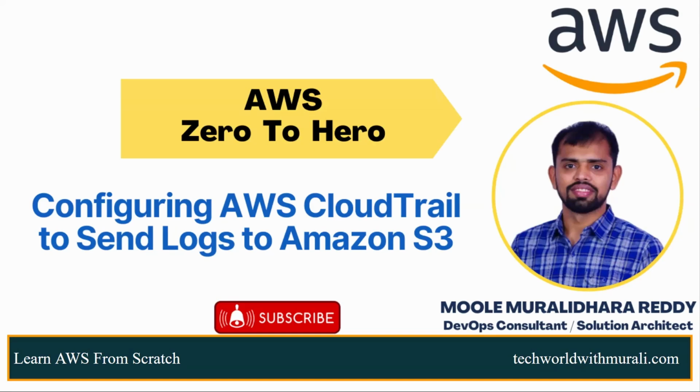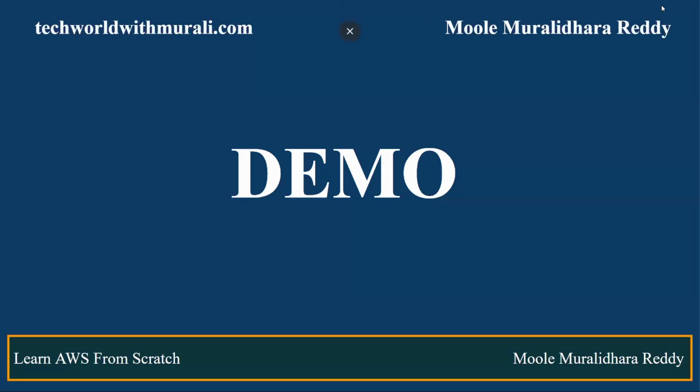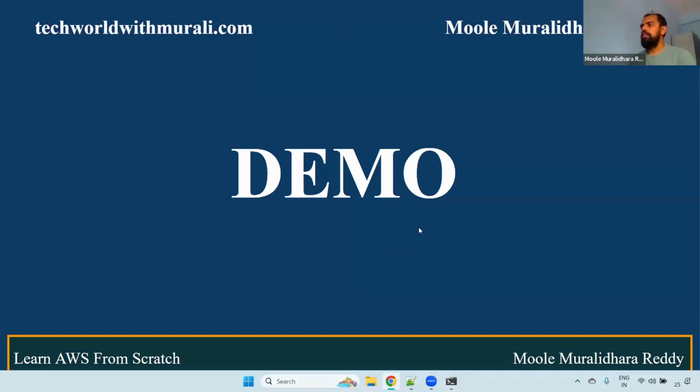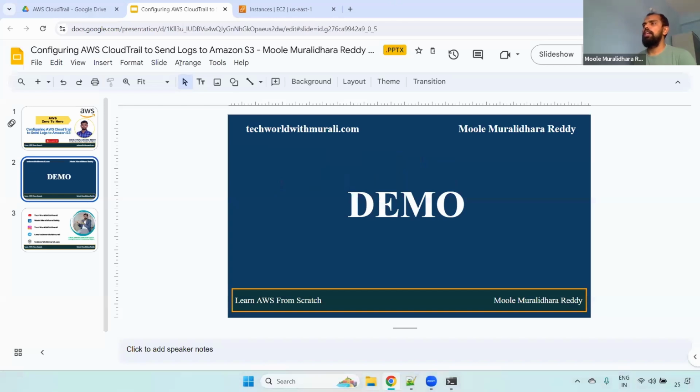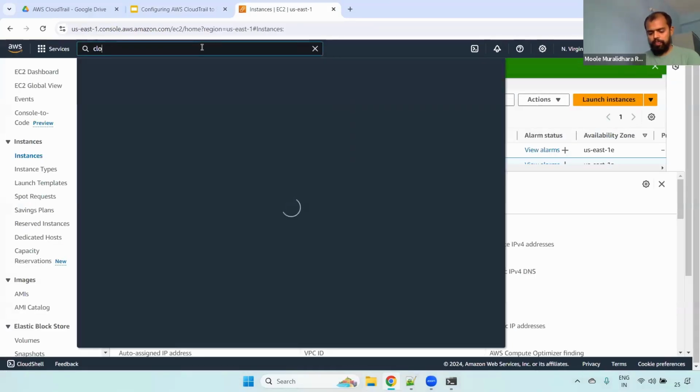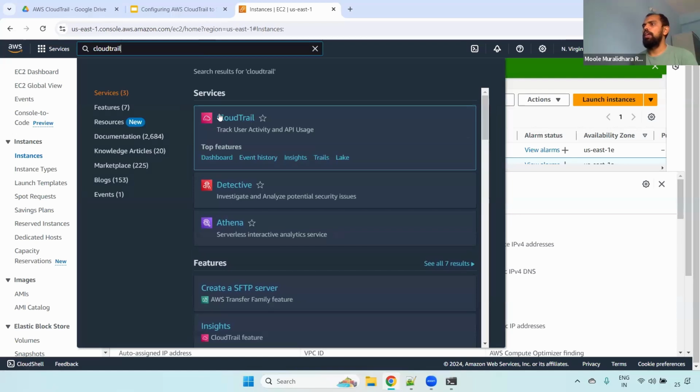Now we are going to discuss how we configure AWS CloudTrail logs to be sent to Amazon S3. Let's see the demo so that you will get some idea. For that, go to the CloudTrail console and search for it.